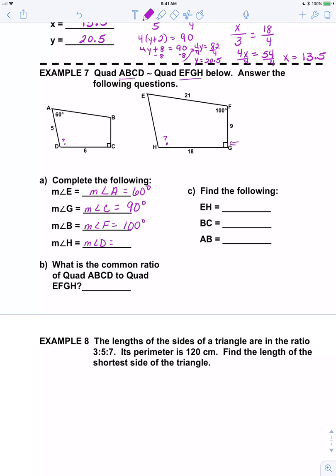So let's say 360 minus the 100 of the angle that we know, minus the 90 of the angle that we know, minus the 60 of the angle that we know. So we'll take all those, subtract it from 360, and that should give us 110.